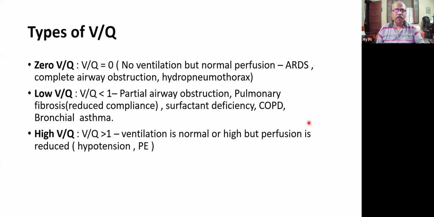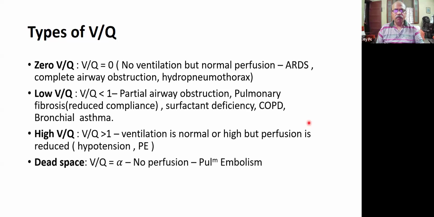Then we have the high VQ zone of more than 1 ratio. The ventilation is normal or high, but perfusion is reduced, and that occurs in hypotension or pulmonary embolism. And we of course have the dead space where there is no perfusion, which occurs in pulmonary embolism.